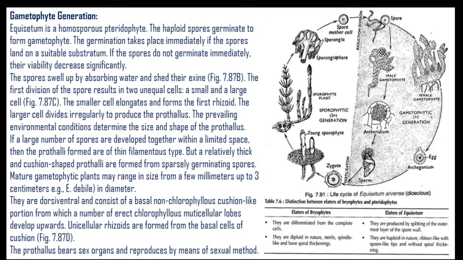Mature gametophytic plants may range in size from a few millimeters up to 3 centimeters. They are dorsiventral and consist of a basal, non-chlorophyllous, cushion-like portion from which a number of erect chlorophyllous multicellular lobes develop in an upward direction, and the unicellular rhizoids are formed from the basal cell of the cushion.